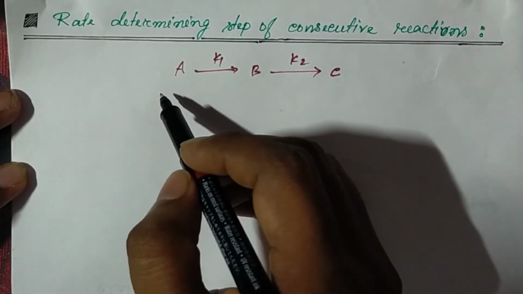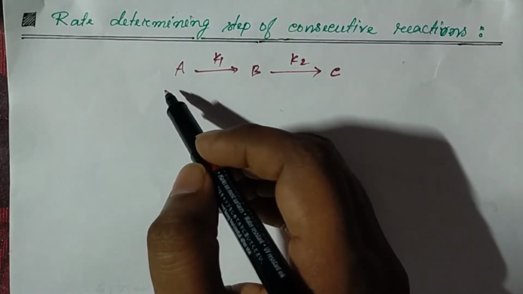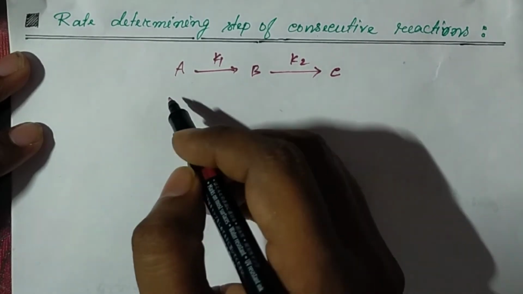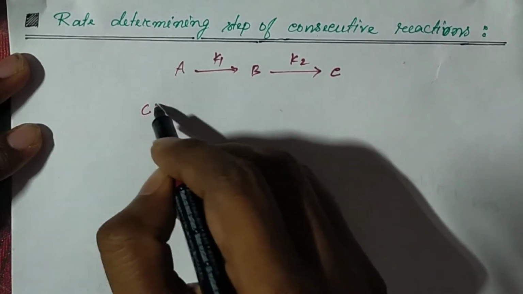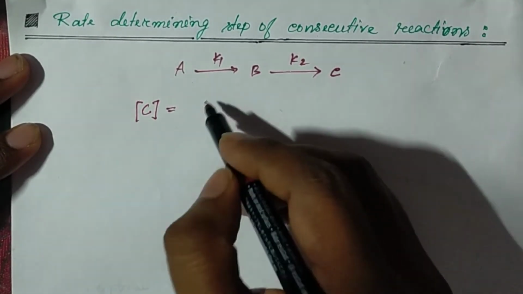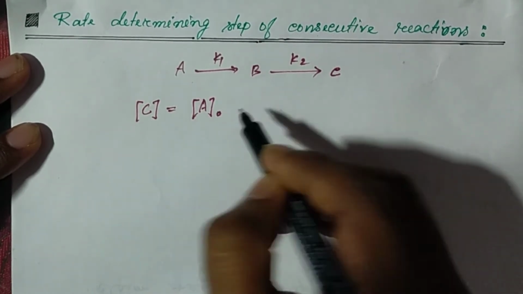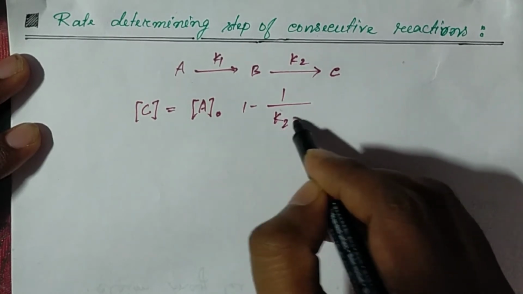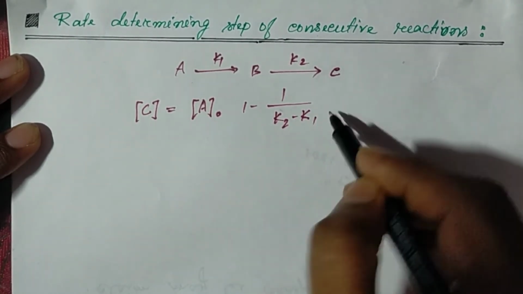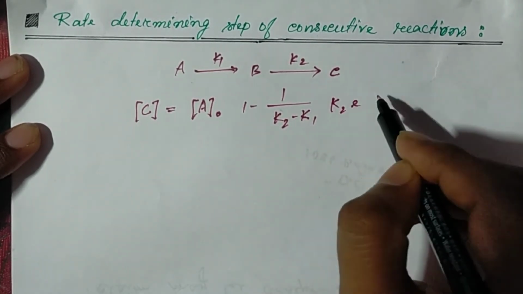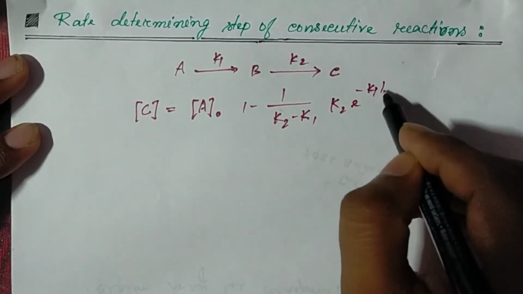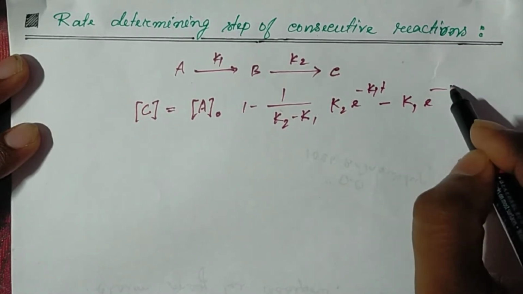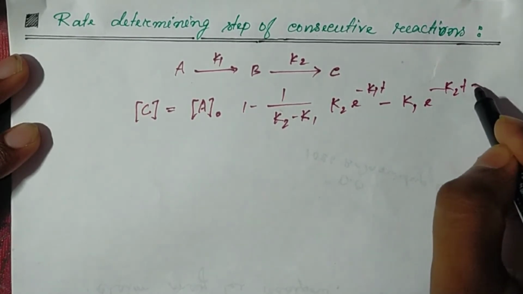Okay, so first of all we will write the equation for C as we have already derived. So C is equal to A naught times 1 minus 1 by K2 minus K1 times K2 e to the power minus K1t minus K1 e to the power minus K2t.